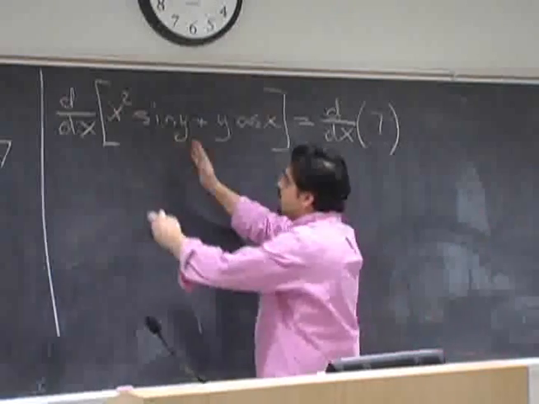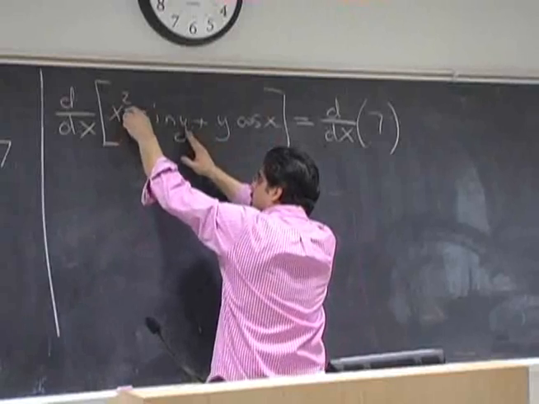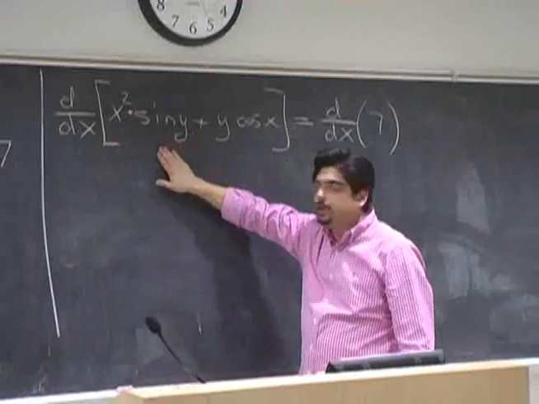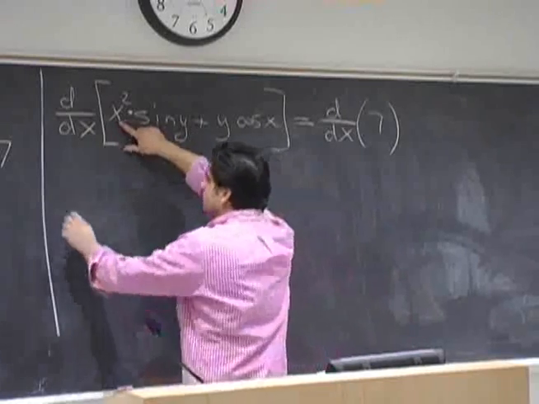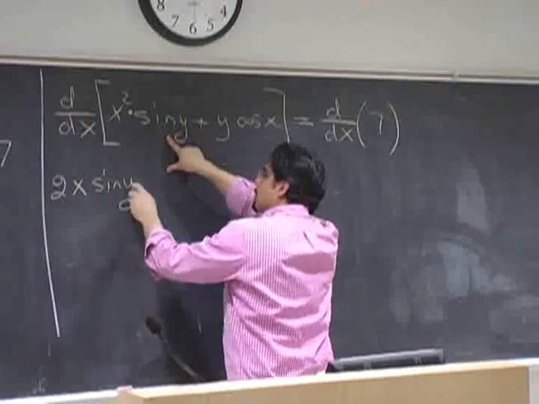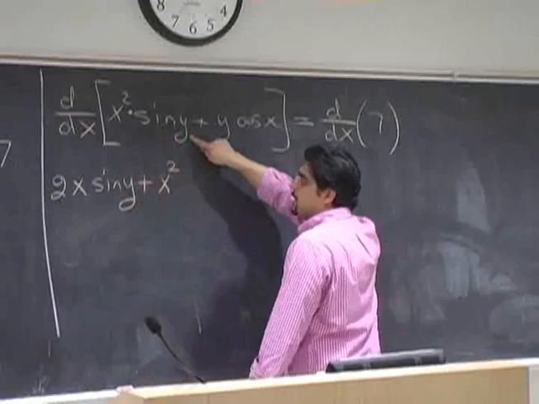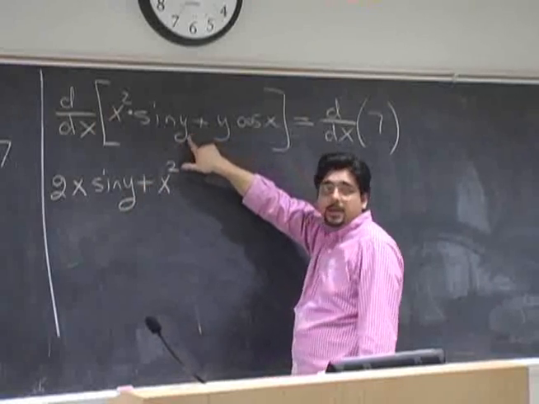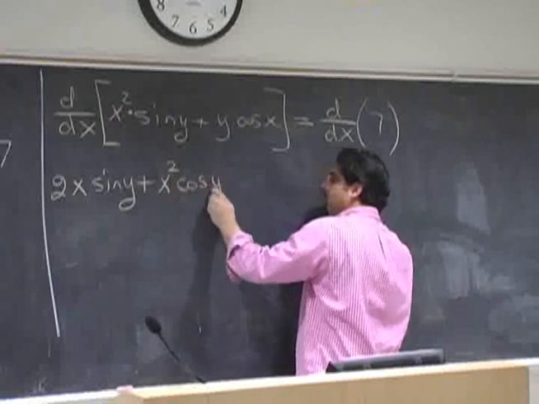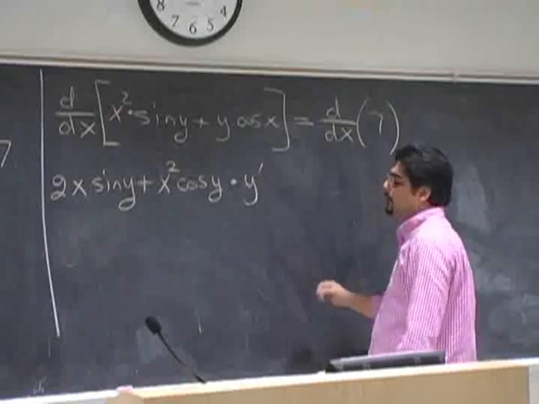The derivative of the left-hand side is two terms. So we can do the derivative of this one separately first. This is a product. Okay, so we have to use the product rule here. The product rule says, take the derivative of the first function, keeping the second one the same, plus keep the first function the same, and take the derivative of the second function. This is a composite function. The outer function is sine, the derivative is cosine, times y prime. Okay?